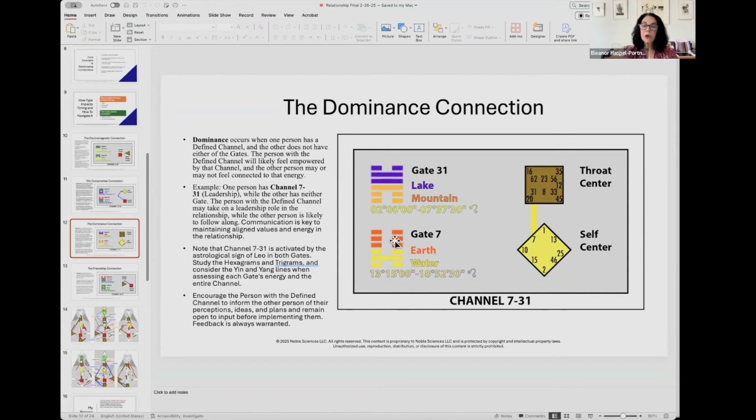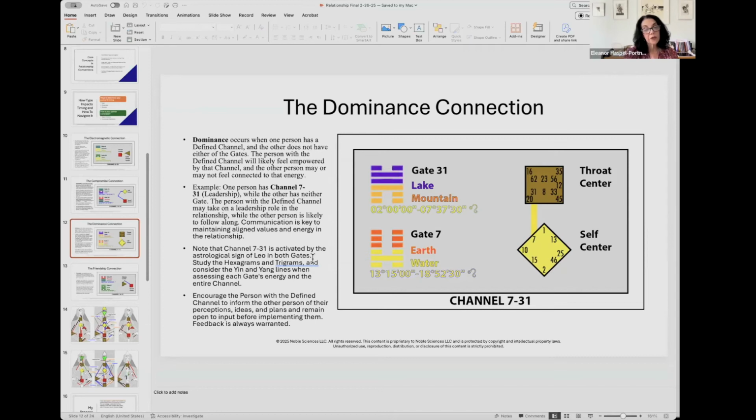But that person also has strong views on what leadership in a specific situation might be. The person with the 30 and the 31 is also taking input from the 7.